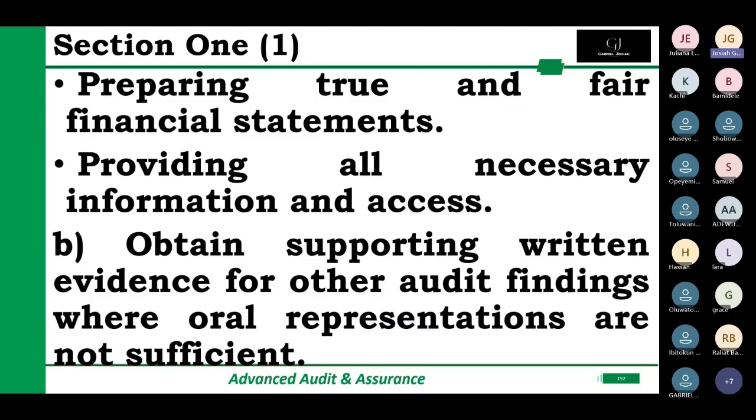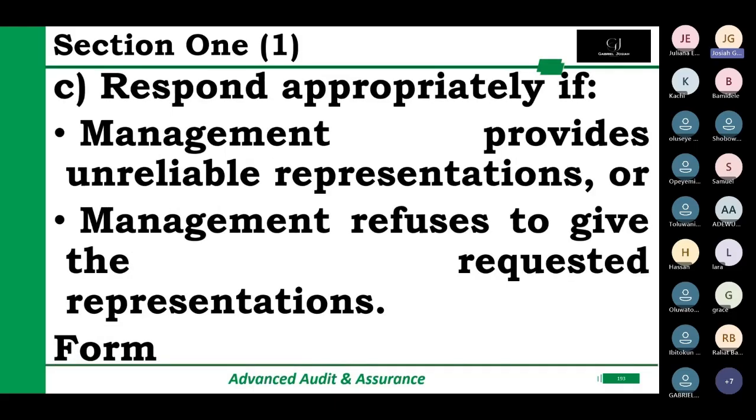Number 2 is obtaining supported written evidence for other audit findings where oral representations are not sufficient. As a matter of fact, oral representations are discouraged. Written representations are much more tenable and substantial. It's sufficient evidence for the auditor. So there must be an appropriate response where management provides unreliable representations or refuses to give the requested representations.